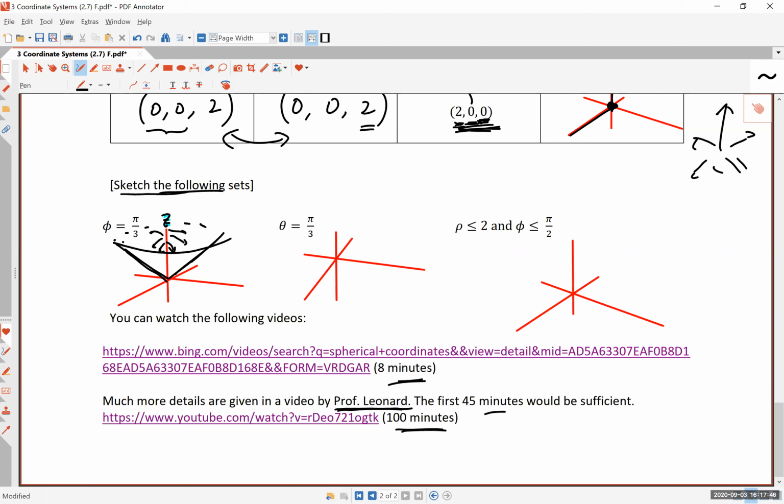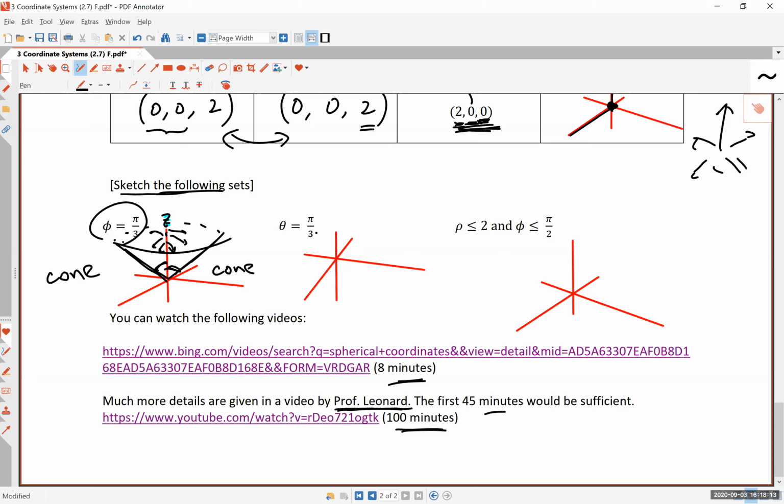So this is going to be a cone, right? Imagine a flower opening up in all directions from here, and you will see a cone. So this equation describes a cone centered about the z-axis.